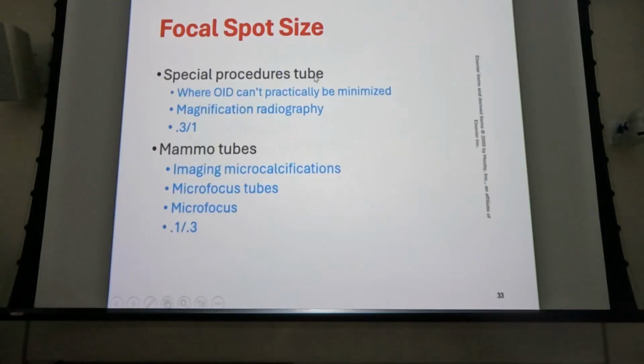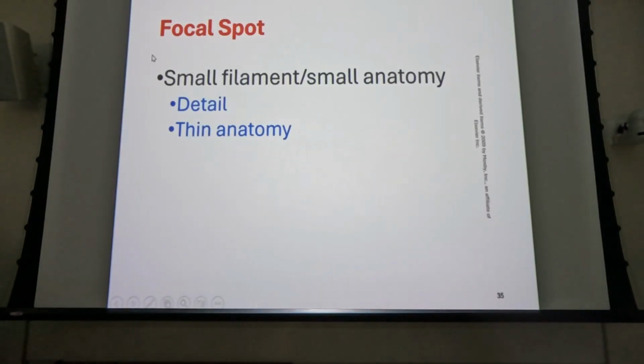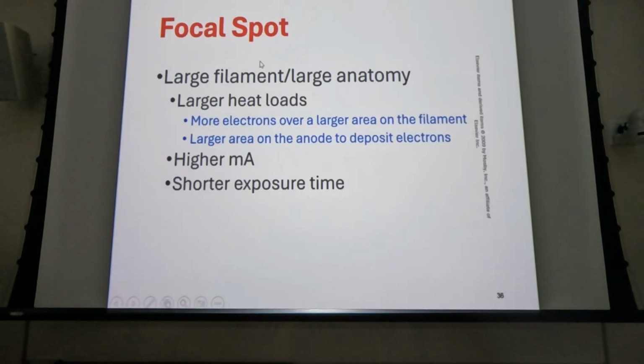So we had a number of different types. We had general purpose, we had special procedures, which utilize what we refer to as a fractional focal spot. In mammography tubes, we use microfocus tubes because we're looking for little bitty tiny things. So the filament size is what we're actually selecting on those.